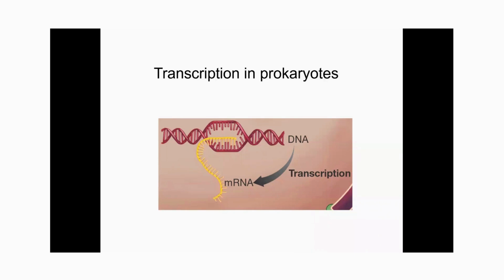Okay? This process is known as translation. One by one, we are going to discuss transcription and translation, and how they happen in prokaryotic organisms. First, let's see the prokaryotes.